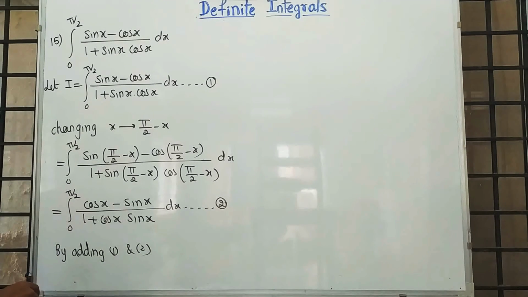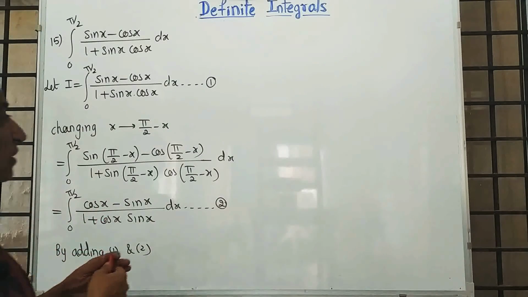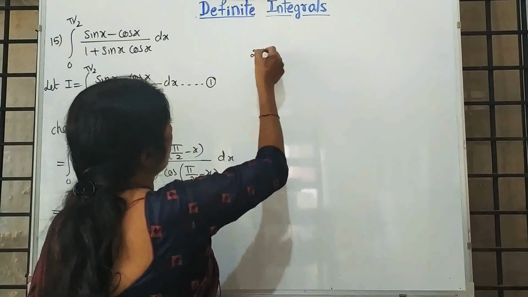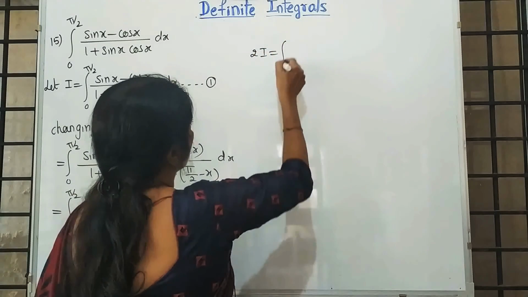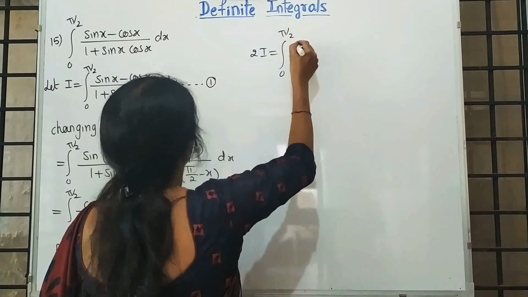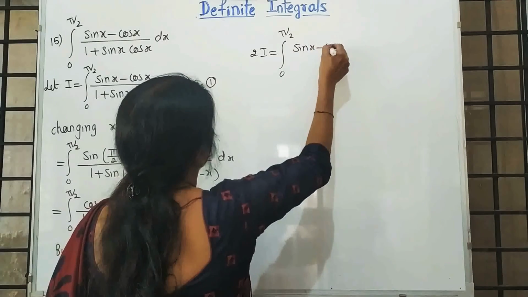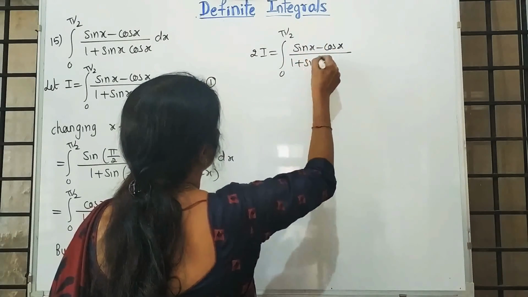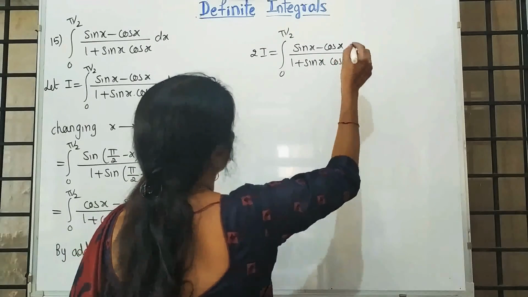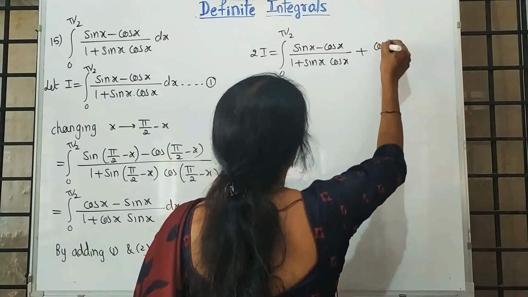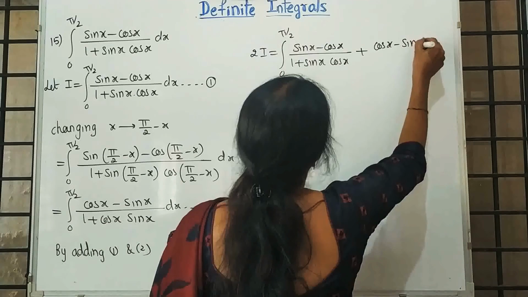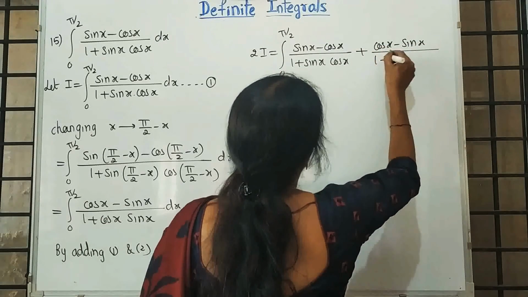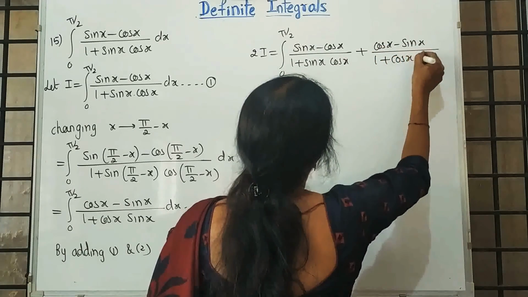So we have different numerators but the same denominator and the same limits. So directly we can write 2I is equal to the integral from 0 to pi by 2 of sin x minus cos x upon 1 plus sin x into cos x plus cos x minus sin x upon 1 plus cos x into sin x.